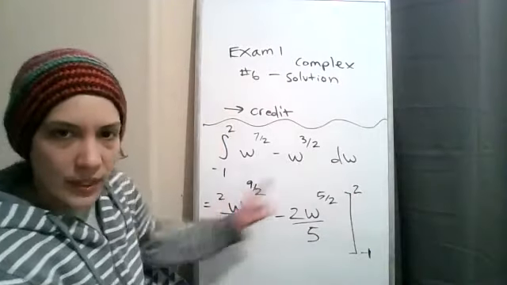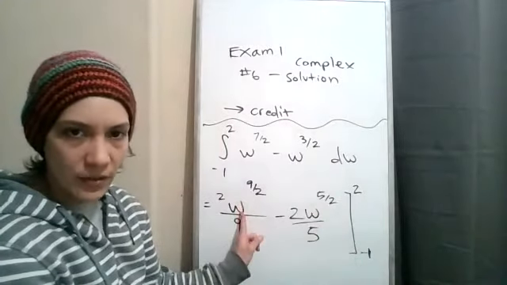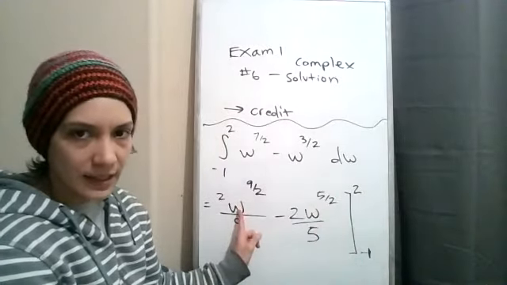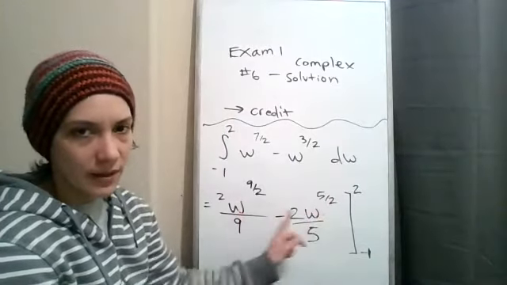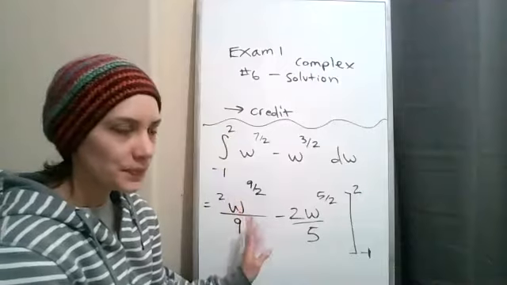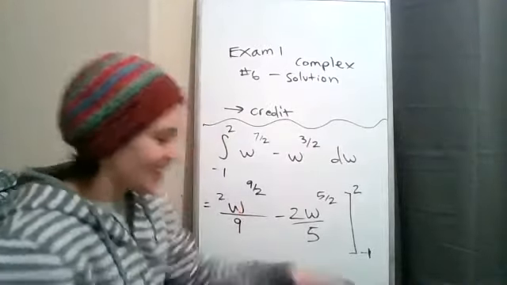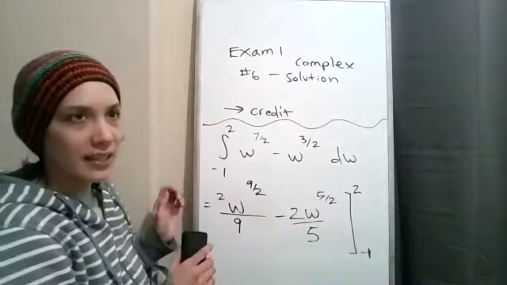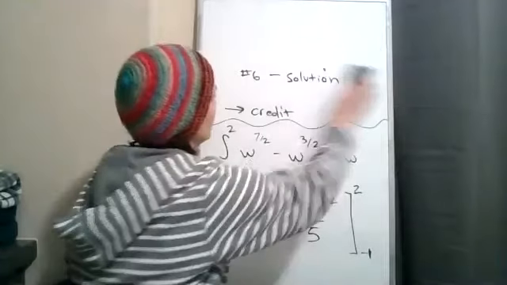It's okay when you put in 2, but when you put in this -1, you've got a square root of -1, which is i, and this is also going to have a square root of -1. So you have an imaginary number as the result.